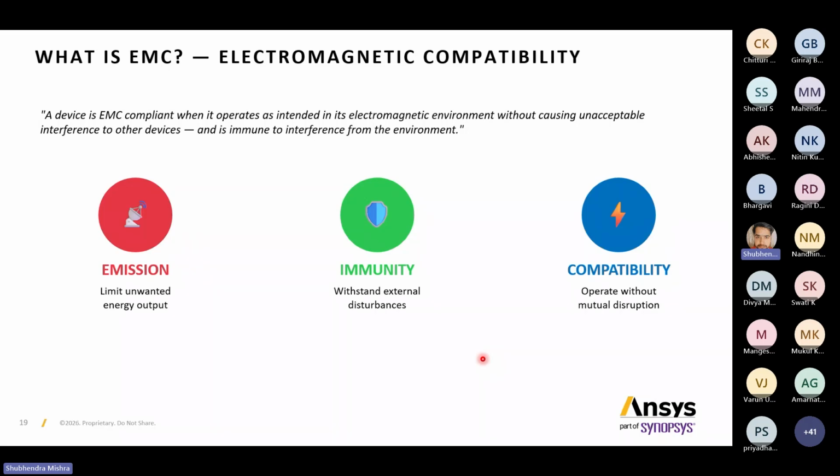So how compatible is our device to be immune to that? There are multiple compatibilities also: emissions, immunity, and so on. It covers how the system is immune to external things, and how we can limit unwanted energy outputs, because multiple unwanted things and unwanted noises are happening. To evaluate that, we use the electromagnetic compatibility test.